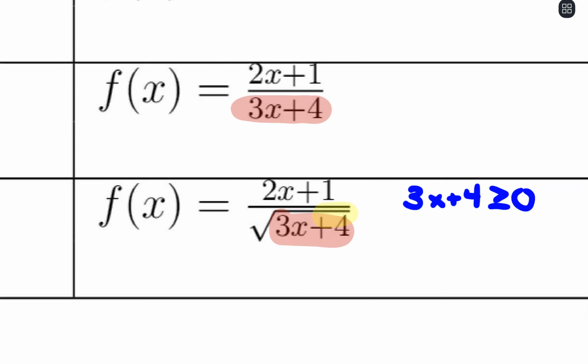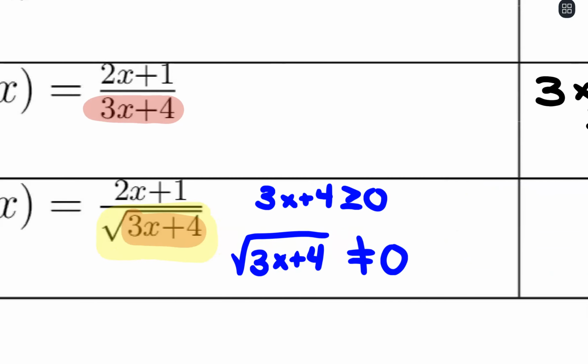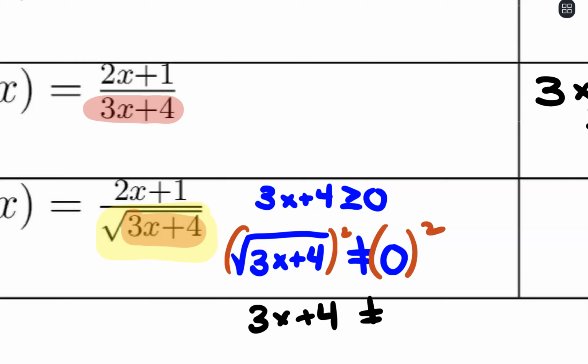I also have the idea that the entire denominator, the square root of 3x plus 4, is not allowed to equal 0. This is a nice one to combine, because if the square root of 3x plus 4 cannot equal 0, and I square both sides, we get that 3x plus 4 cannot equal 0 squared, which is just 0.